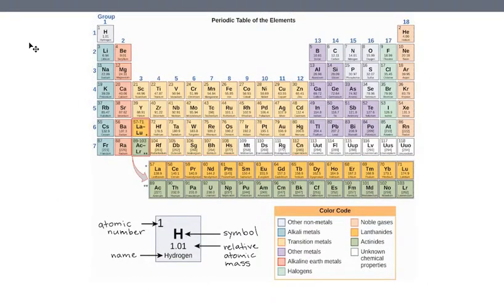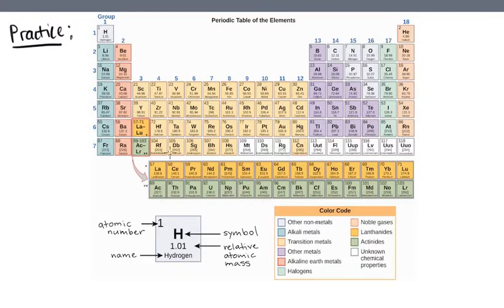So now let's do some practice problems, because that's always needed. I'm going to give 2 elements, and I'm going to ask, relative to each other, which has the greater atomic radius or ionization energy.